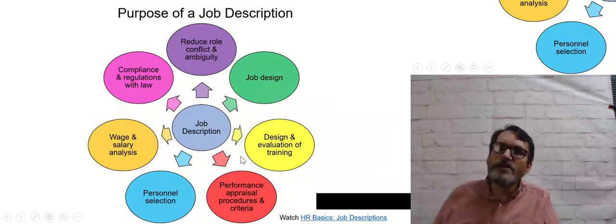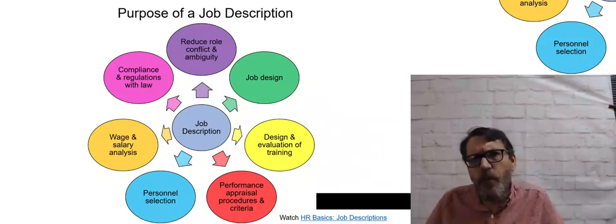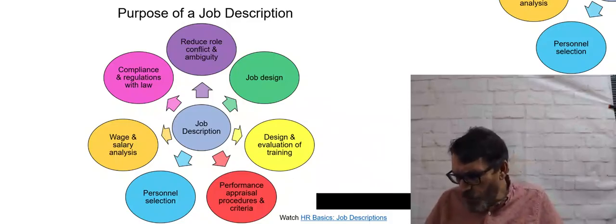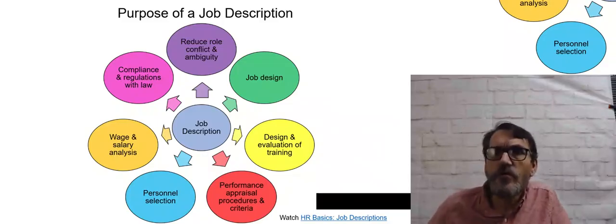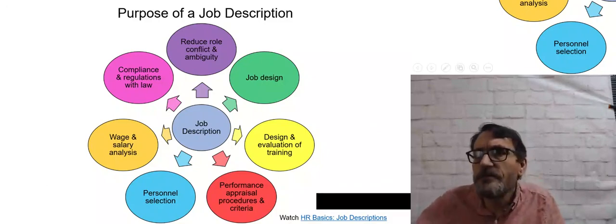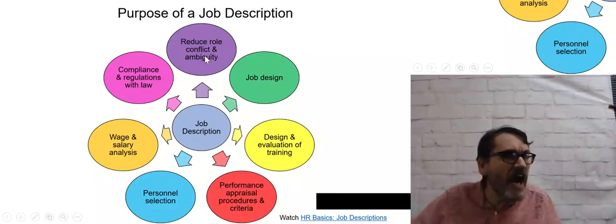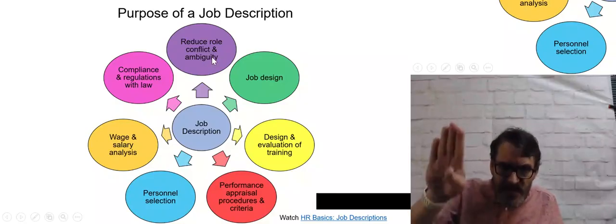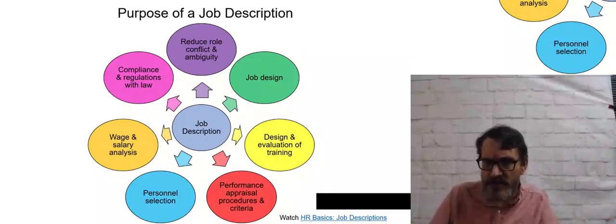A job description is fundamentally important because one of the first questions a newly hired person asks is, what am I supposed to do? Well, look at your job description. A job description can help reduce role ambiguity and conflict between people because, if done properly, it should say, this is what you do, this is what you do, and there should be no area that is not covered.